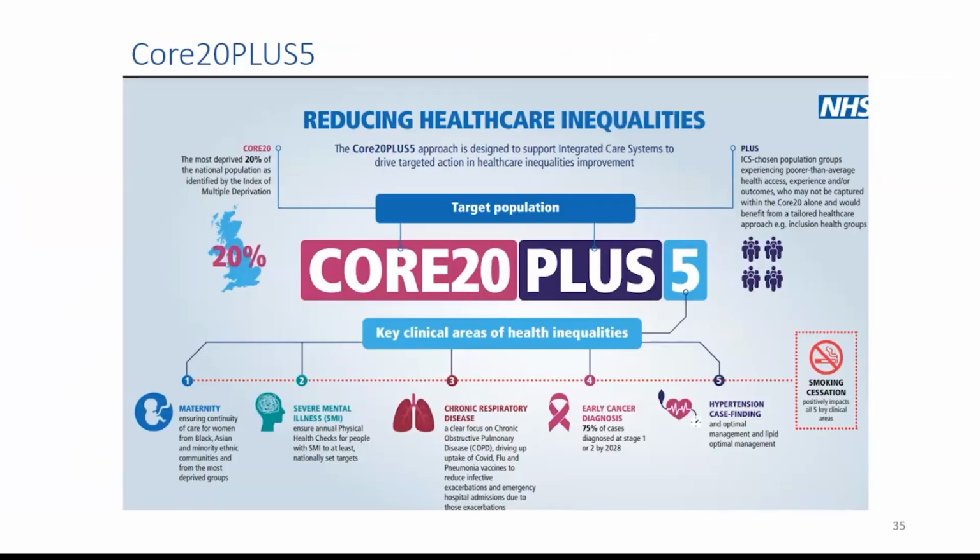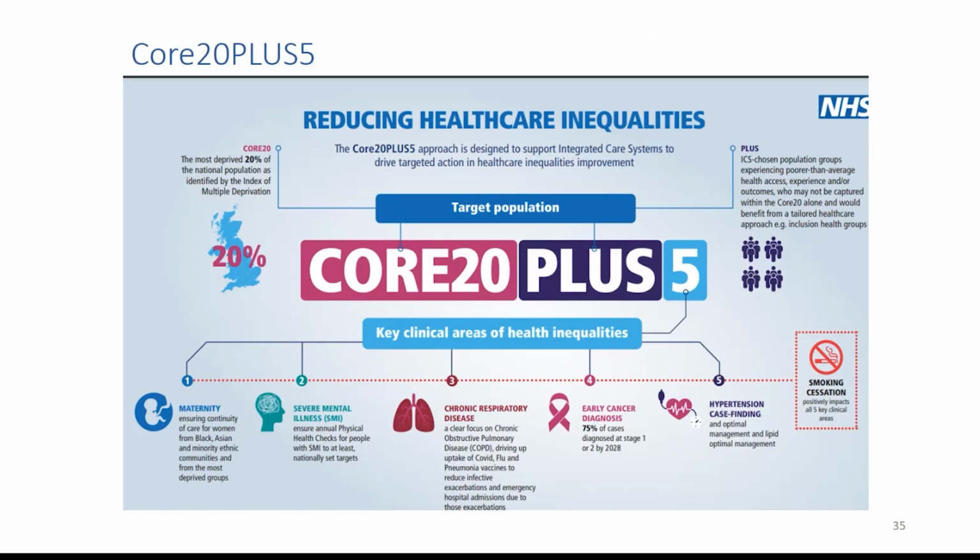So what's happening to tackle these health inequalities as well? We also have what's called the Core 20 plus 5. Essentially, it's a national NHS single approach to inform action to reduce health inequalities at both national and system level. So the approach defines a target population, the Core 20 plus, and identifies 5 areas of focus.